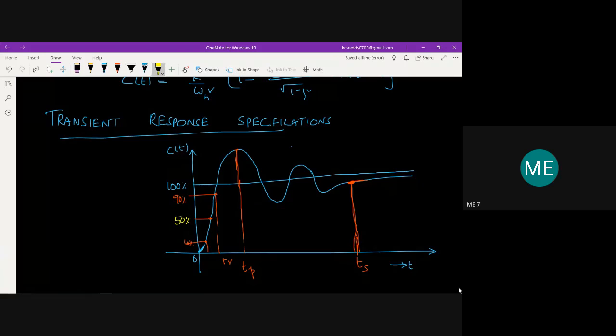So these are the time domain specifications which we are going to talk about.